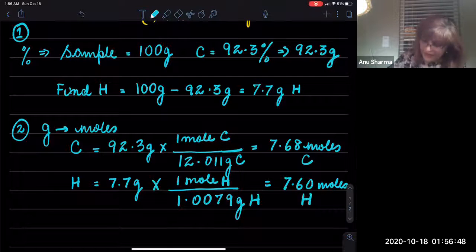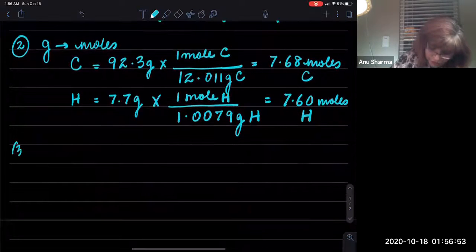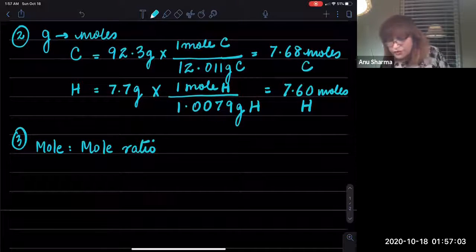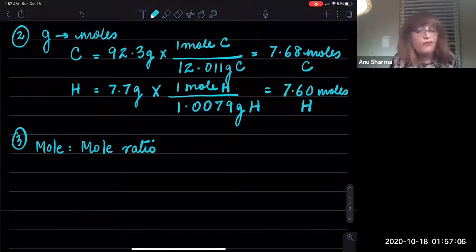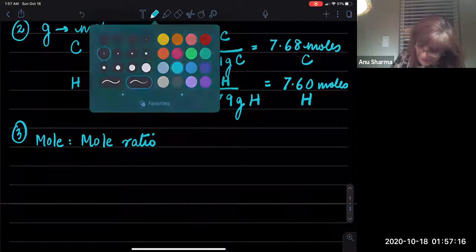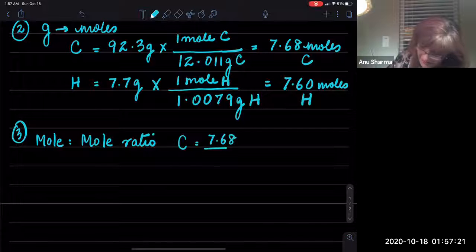Once you get the moles of hydrogen and the moles of carbon, you do a mole to mole ratio of each. In this case, the lowest moles are of hydrogen. So for carbon you take 7.68, and divide by 7.60 for hydrogen.